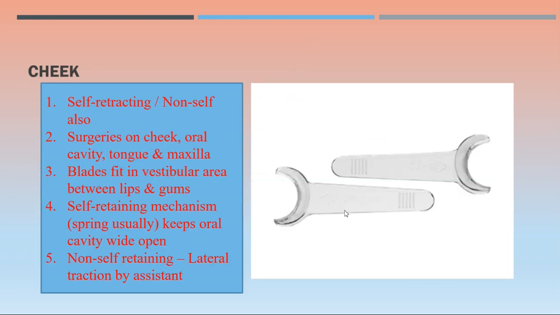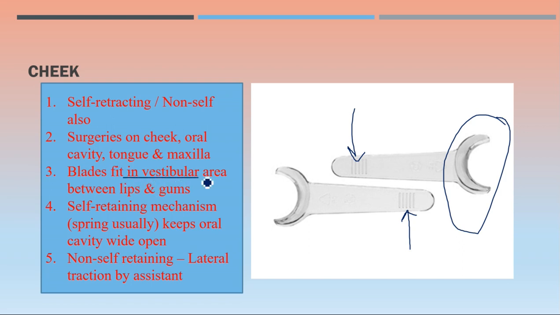Okay. Then cheek retractors, self-retaining and non-self-retaining, both are available. These are non-self-retaining. You will have to hold them from here, and this goes inside the oral cavity in the vestibule area. So for surgeries on cheek, oral cavity, tongue and maxilla, these cheek retractors can be used.